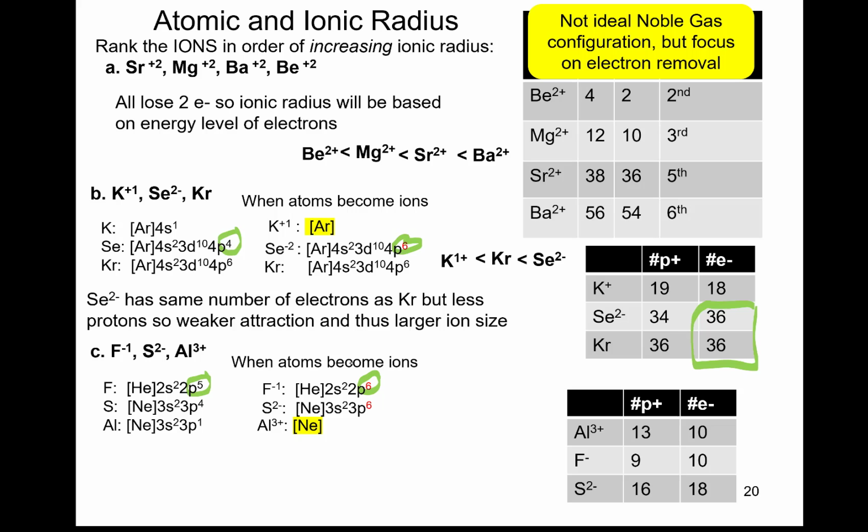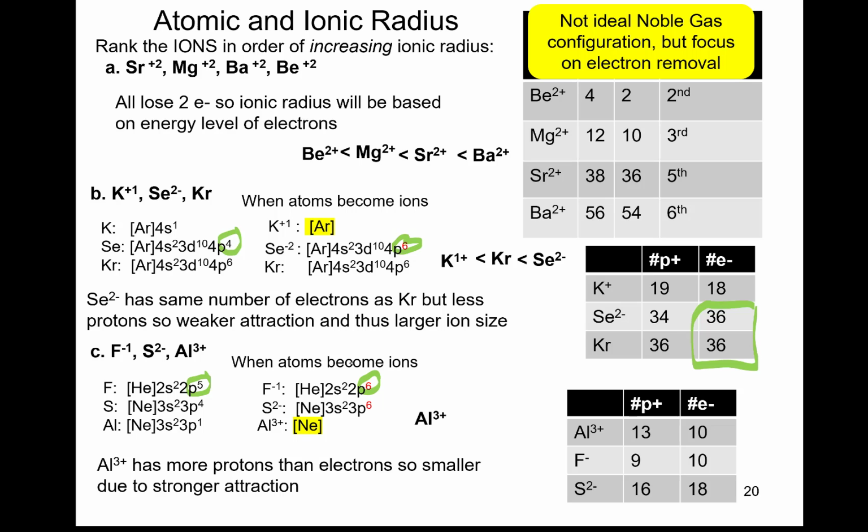So here's our table again, and we see here that aluminum has more protons than electrons. So that positive charge is going to be a lot stronger because it can pull in 10 electrons. When there's 13 protons, that's strong attraction for 10 electrons. So aluminum is going to be the smallest, and then our fluoride ion, and then our sulfide ion.